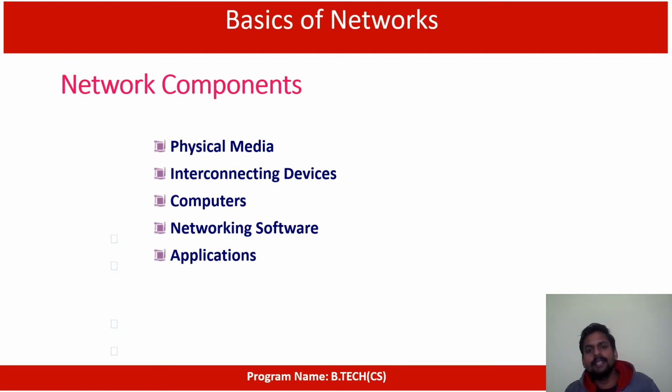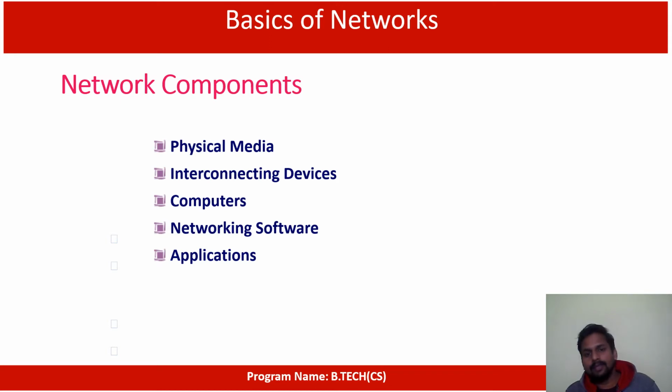After that, interconnecting devices, like a router or switch. Along with the system we are going to use some network devices. Simply, if I have one wire and one device, I cannot easily make a communication just by connecting this wire with my system, right?